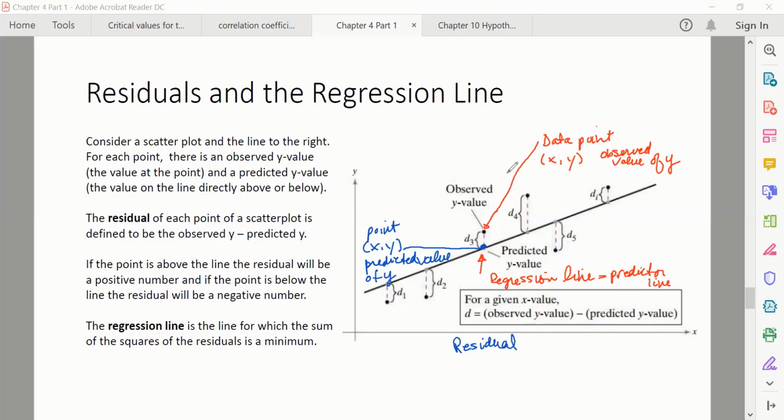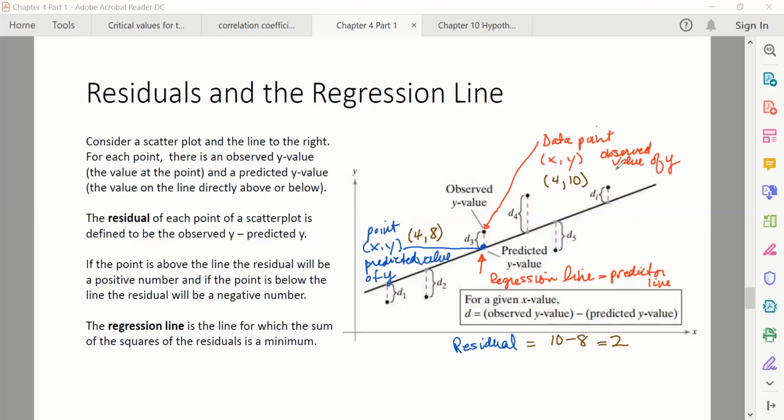Suppose this point here is, let's say, (4, 10), and this point below it is (4, 8). Then the residual would be 10 minus 8, or 2.